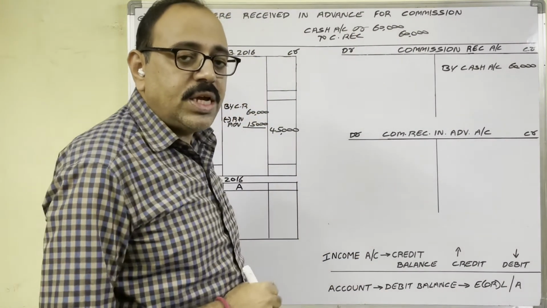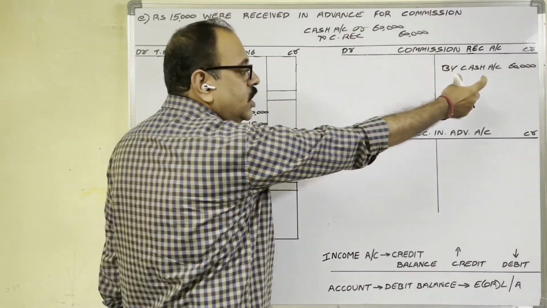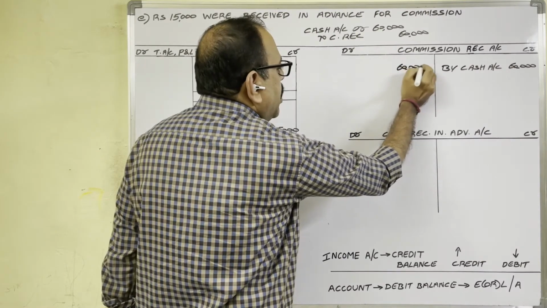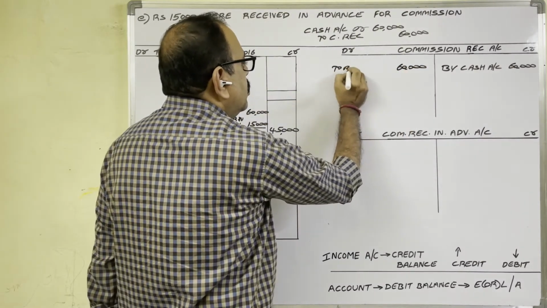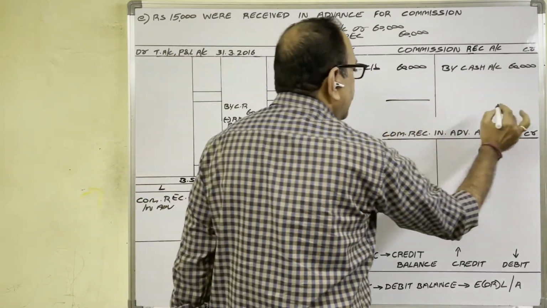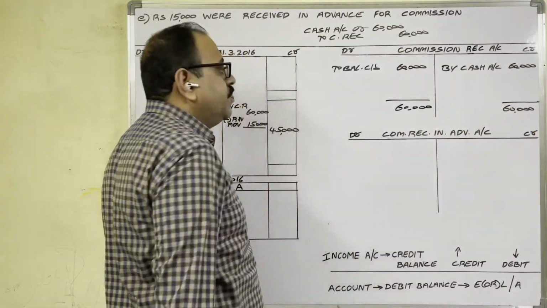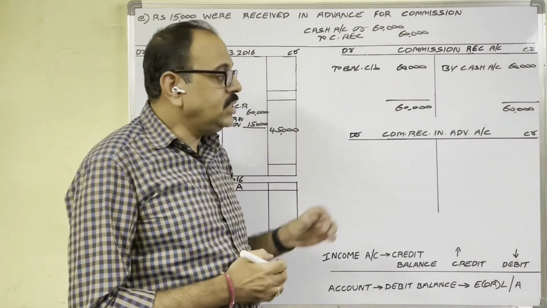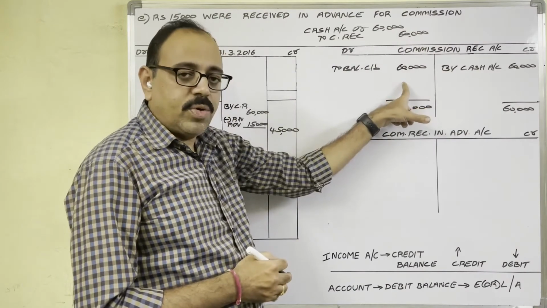Then balance carried down comes, because the credit total is more than the debit total. Balance carried down comes on the debit side: To balance carried down. Two sides totals. This balance is known as a credit balance because the credit total is more than the debit total.